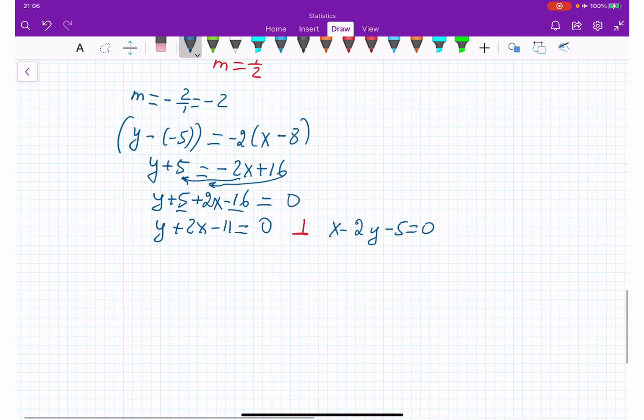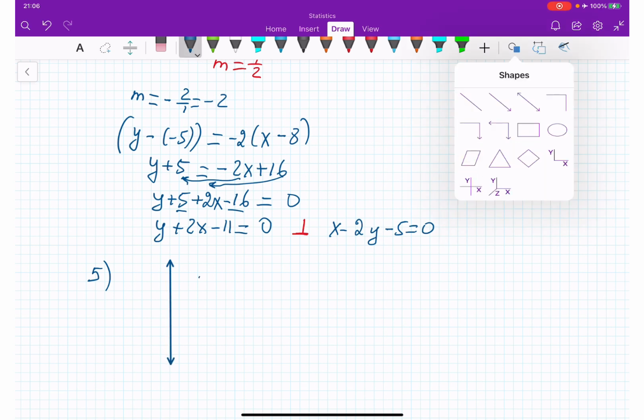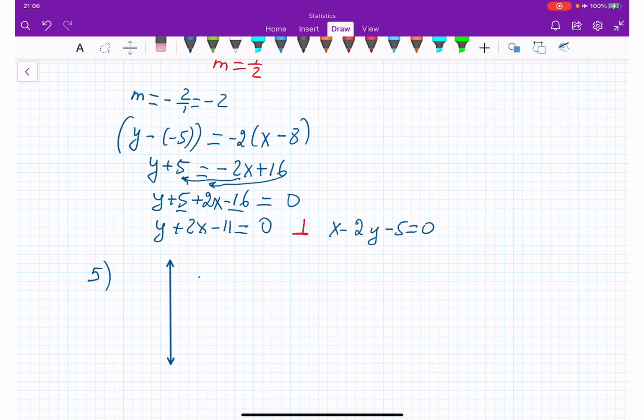Question number 5. All right, we are going to do transformation of functions. So, we are given this function.